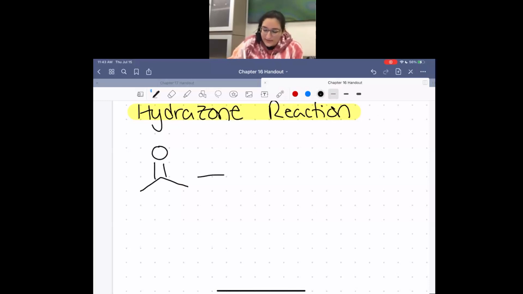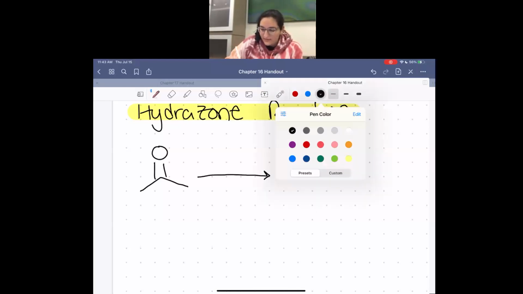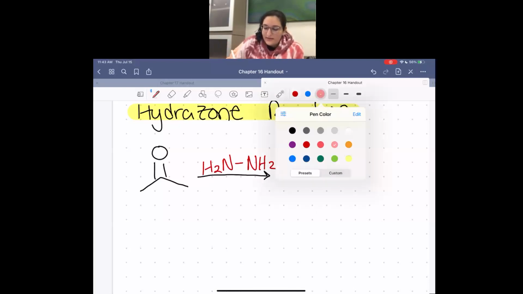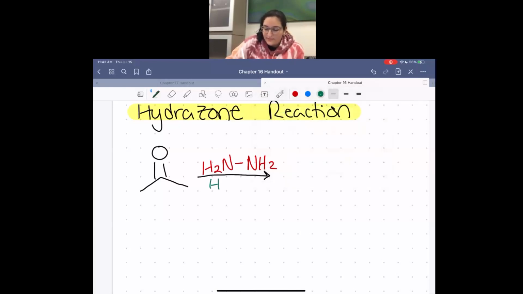And the reagent in this case is going to be H2N-NH2. And I like to use HCl just for consistency, but it could be done with an acid or a base.